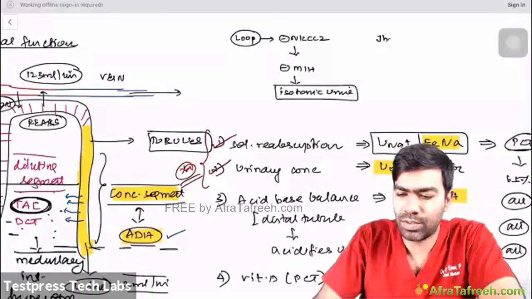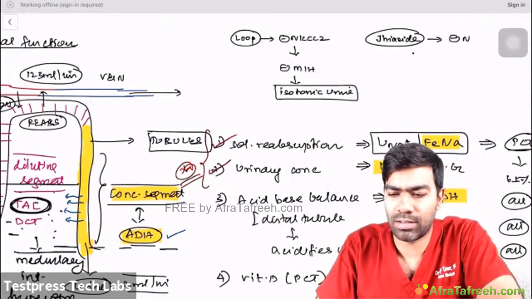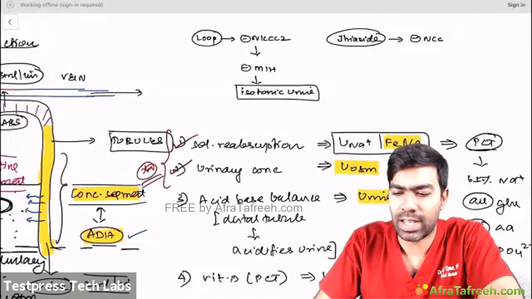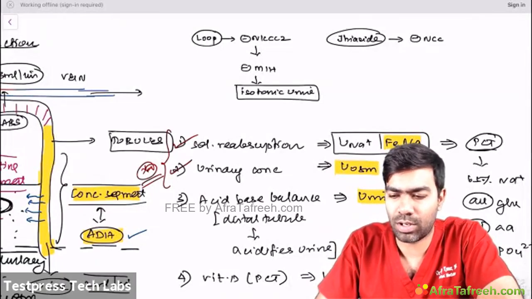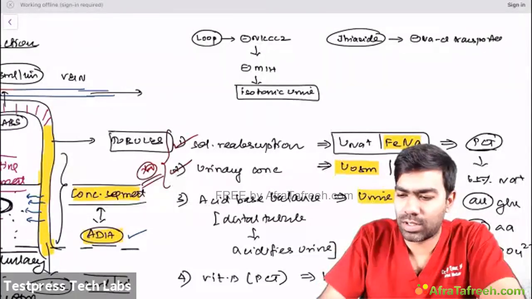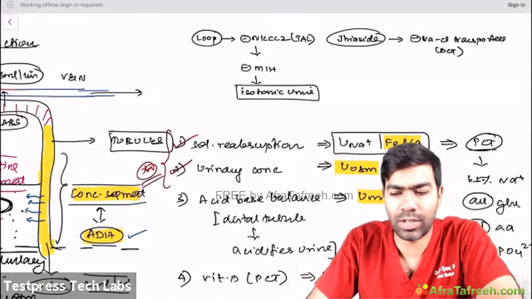On the other hand, a thiazide diuretic does not abolish the medullary interstitial hyperosmolality. Instead, it inhibits something called the NCC transporter, that is the sodium chloride transporter, in the DCT, whereas this happens in the thick ascending limb of the loop of Henle.